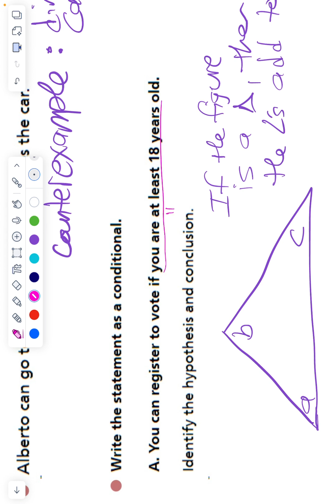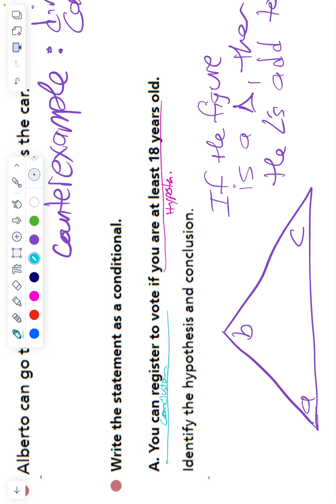This part is the hypothesis, and then the conclusion was that you can vote. So how would we rewrite this for the converse? If you're 18, register to vote. That's what it already says. See what I mean? So we have to be careful.